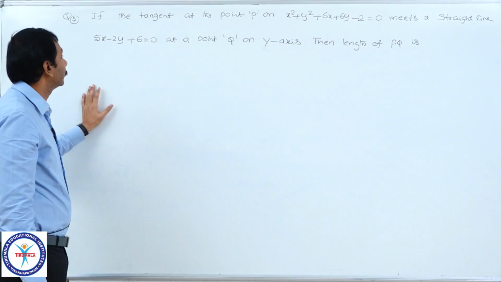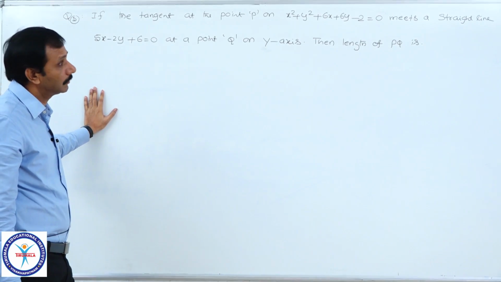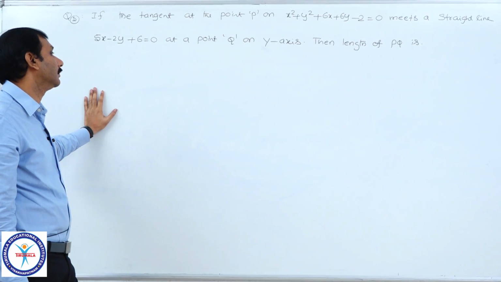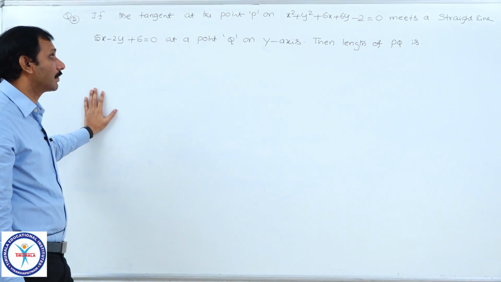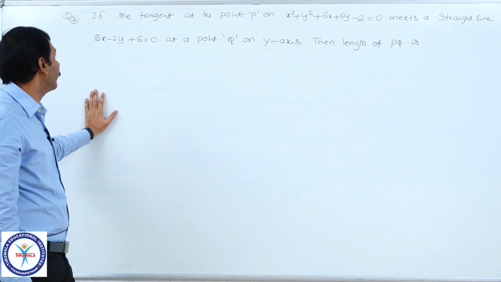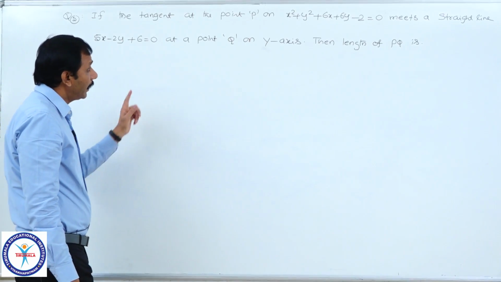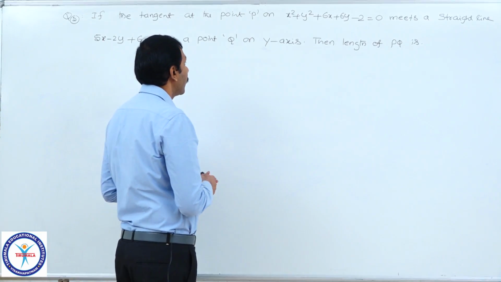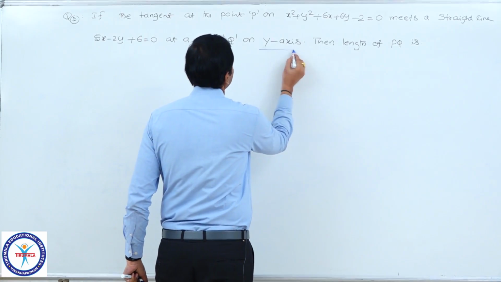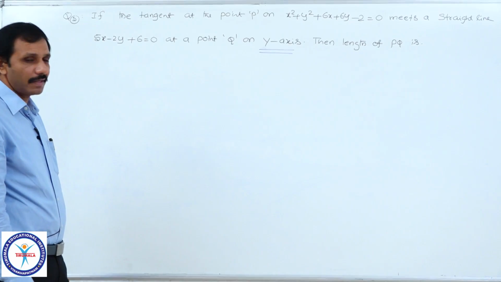Next problem. If the tangent at a point P on the circle x square plus y square plus 6x plus 6y minus 2 equal to 0 meets a straight line 5x minus 2y plus 6 equal to 0 at a point Q on y axis, then the length of PQ is... This is a previous entrance question only.